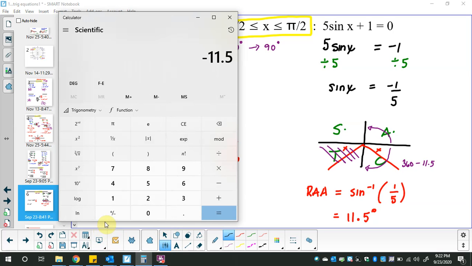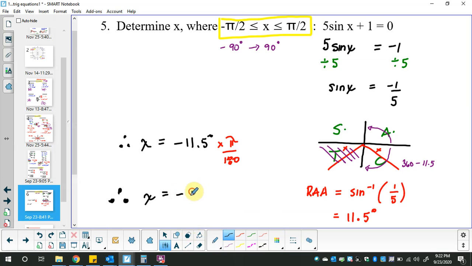So negative 11.5 times pi divided by 180, 2 decimal places, negative, doesn't surprise me, 0.20. And that again is radians. Notice that my degree answers have the degree sign, my radian answers have the radian sign.